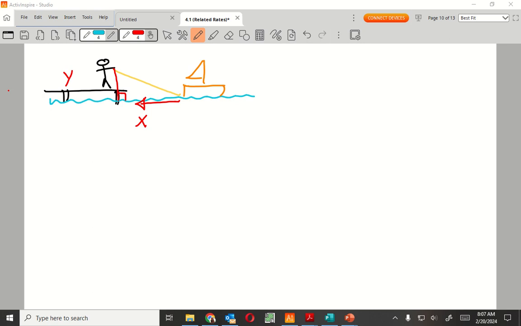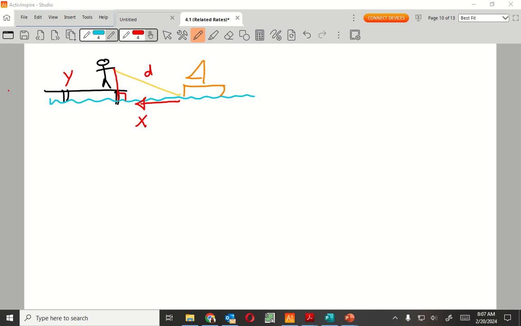Since it is a right triangle, let's call it D, because it's also a distance formula. So there we go. Let's use that one.